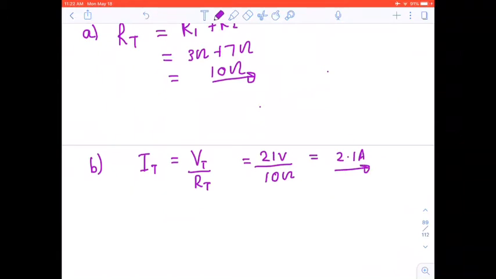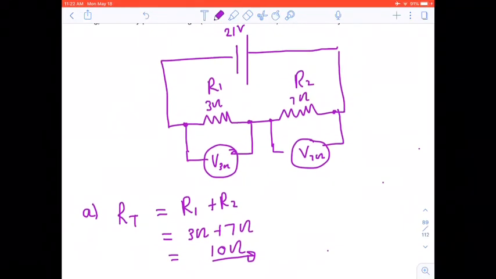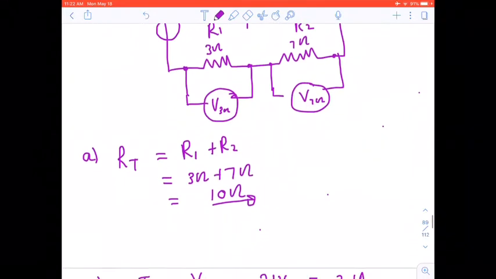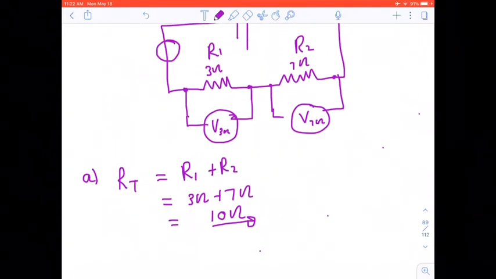This is the total current in the circuit, and this is a series circuit. Being a series circuit, we know that the current is the same throughout, right? So our current in the circuit is equal to 2.1 amps.